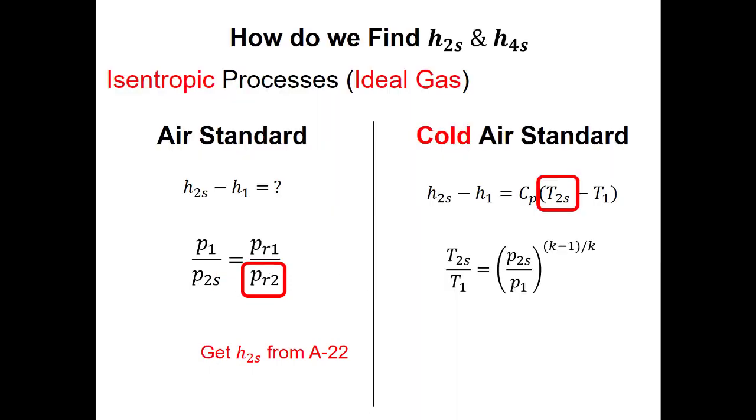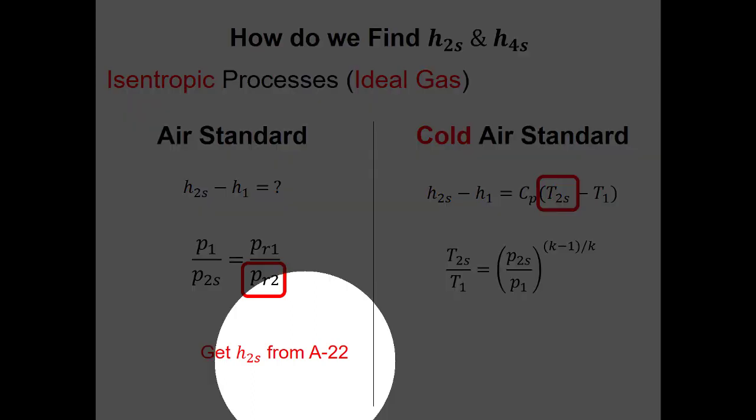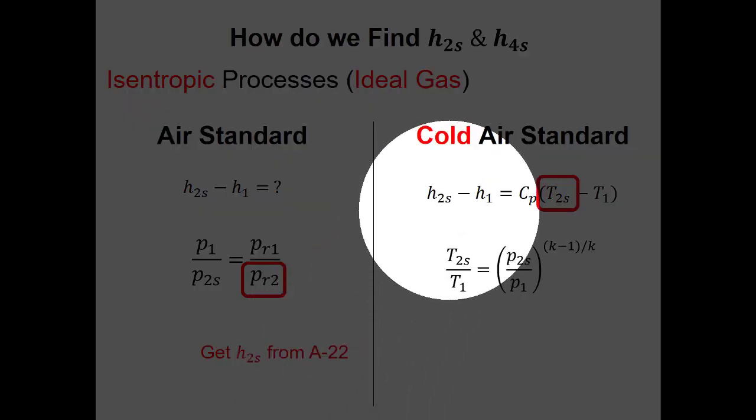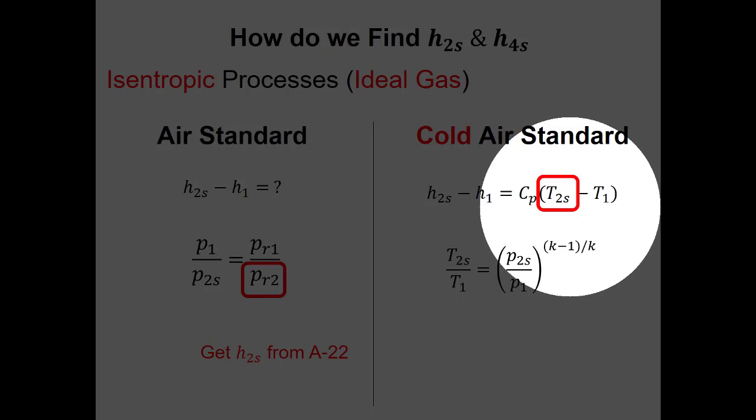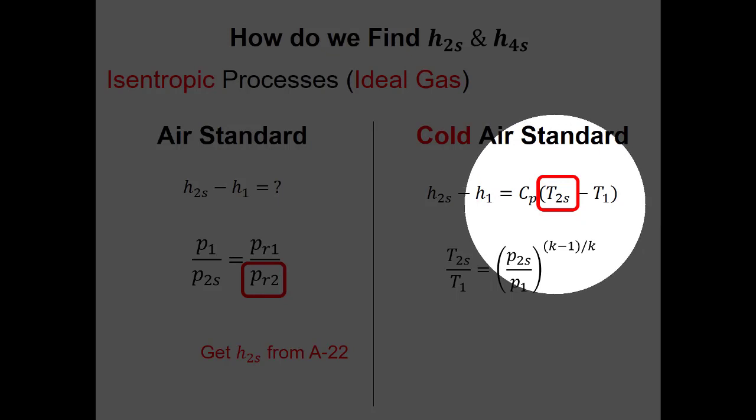If I'm using constant specific heat, I'm never going to find the individual specific enthalpies. Instead, I'll assume that the change in the enthalpy is equal to Cp times delta T, and I'll be left trying to find the temperature at the isentropic outlet.